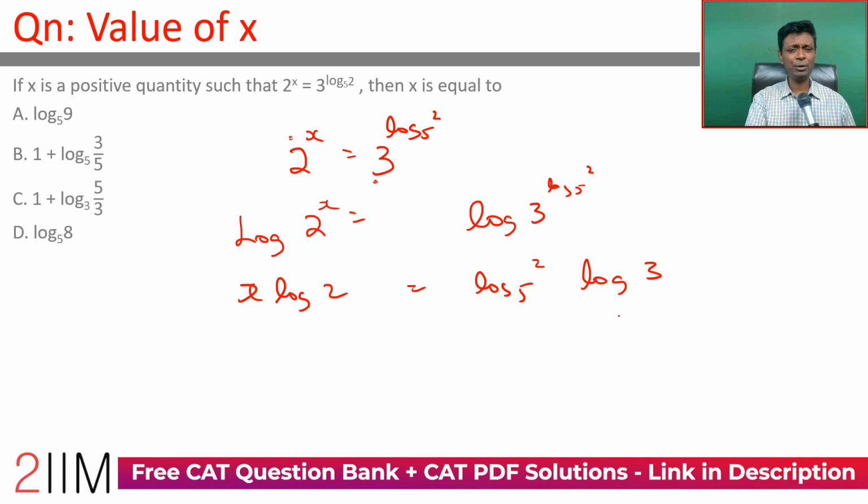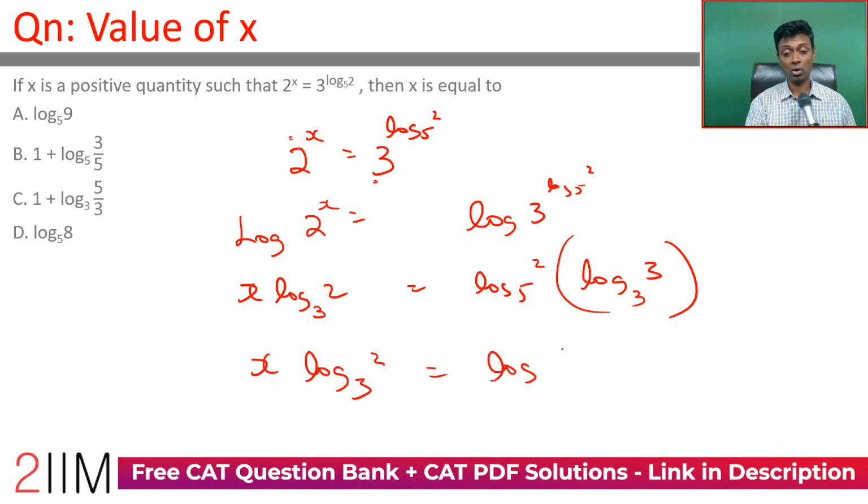We can choose any base and this rule would work. I'm going to choose the base as 3. Why so? Because log 3 to the base 3 is 1. Or x times log 2 to the base 3 is log 2 to the base 5. Fine. Or x by log 3 to the base 2 is 1 by log 5 to the base 2.